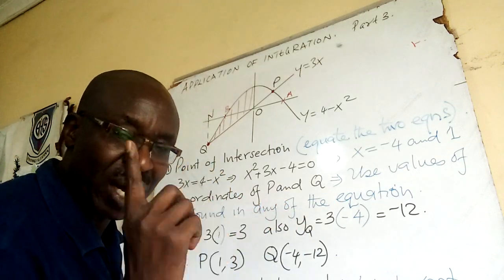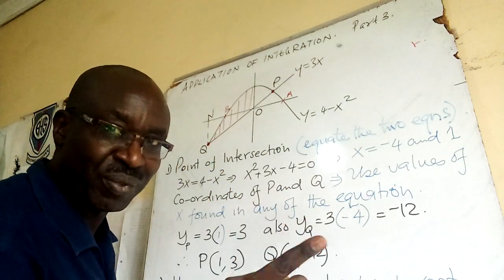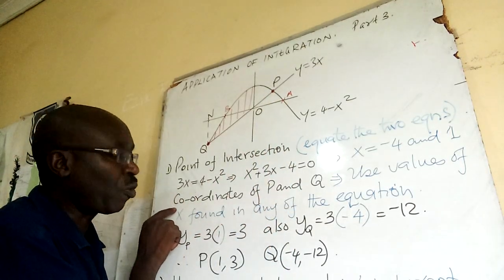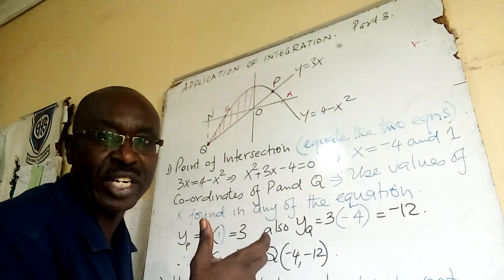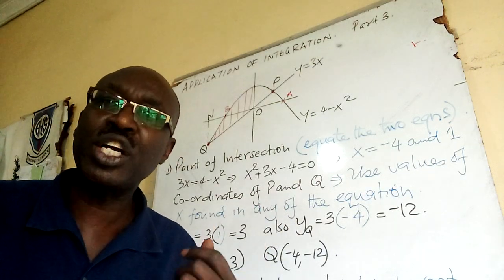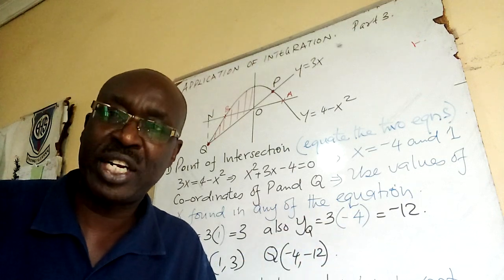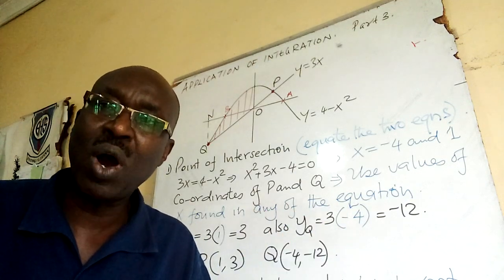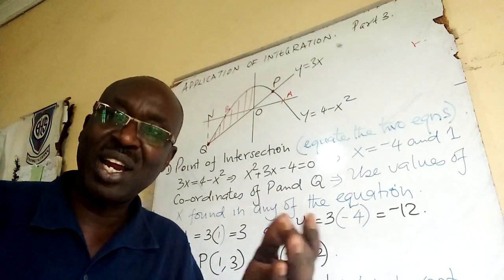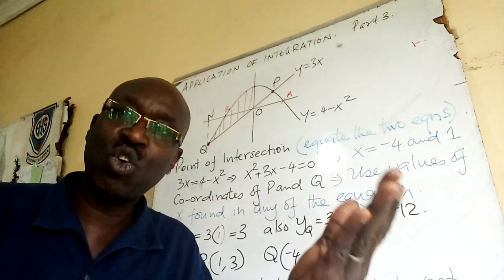So do you remember how to get points of intersection? Second attempt: if I ask you for the coordinates of those points, the coordinates of points P and Q require the second component, which is the y coordinate. Already we have the x coordinate. Now you are required to get the y coordinate.